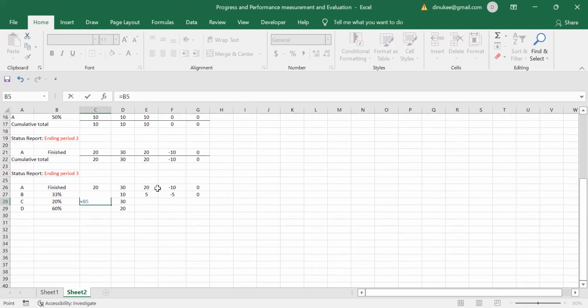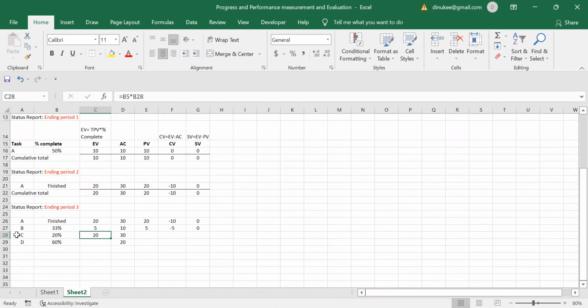From that 100, you take the percentage completed. At the ending period three, the percentage complete for the activity C is 20%. So 100 multiplied by 20% means the earned value for the activity C is 20, right?